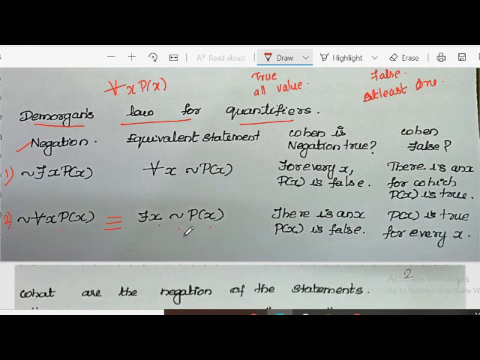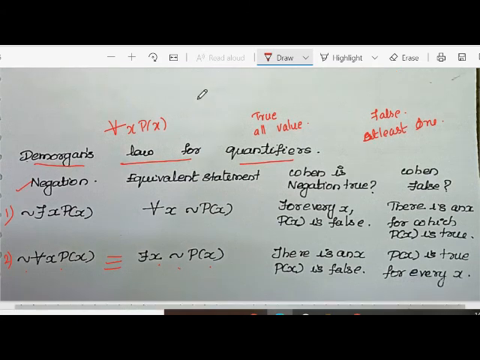So now when can you say the negation is false? Negation of this statement means this should be false and at least one should be true. You can understand the statement. I think you must remember, if you remember this statement, it is easier to understand these two statements, false or true.